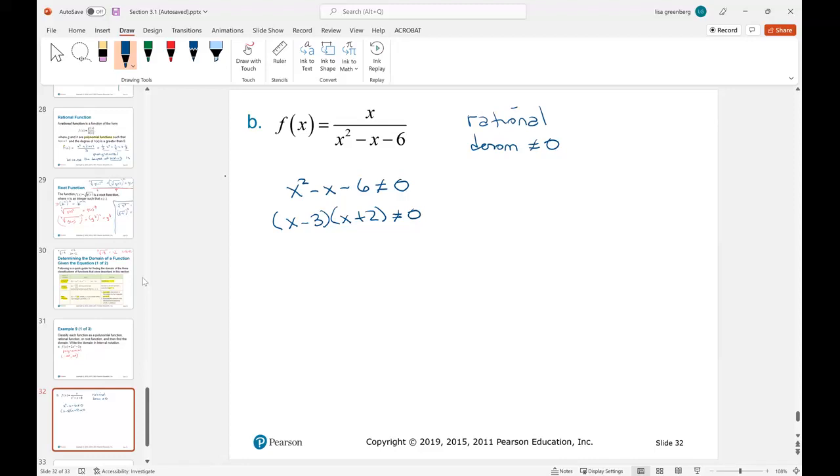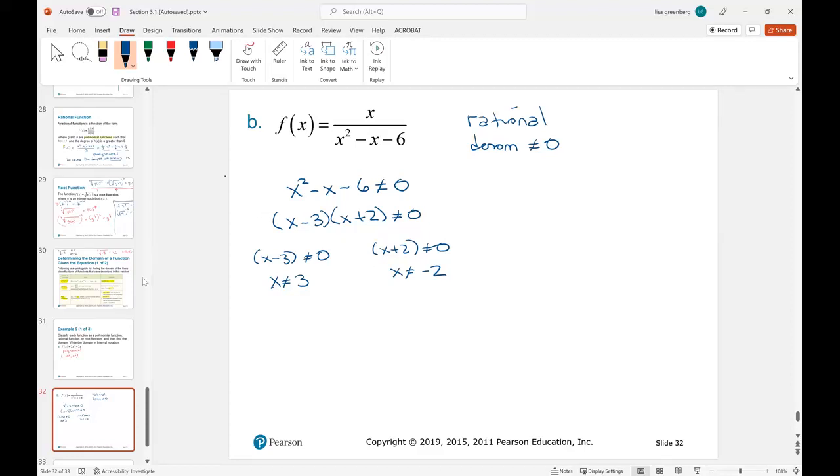So x minus 3 cannot equal 0, because if it did, then the whole thing would equal 0. And x plus 2 cannot equal 0, because if it did, then the whole denominator would equal 0. So x cannot be equal to 3, and x cannot be equal to -2.